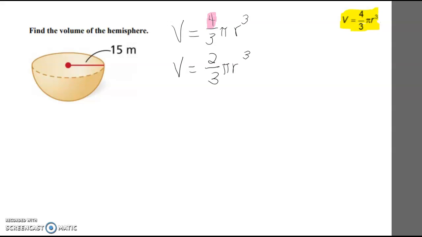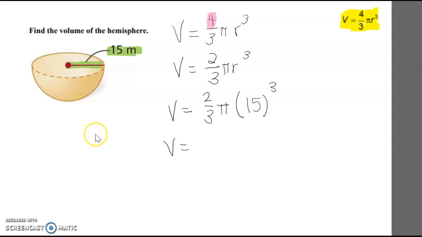So let's plug our radius, which they gave us this time, into our formula. Remember, radius is halfway across the circle. Volume equals 2/3 pi times 15 cubed.